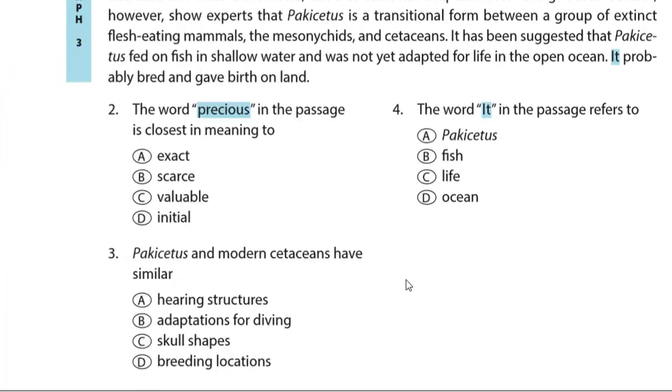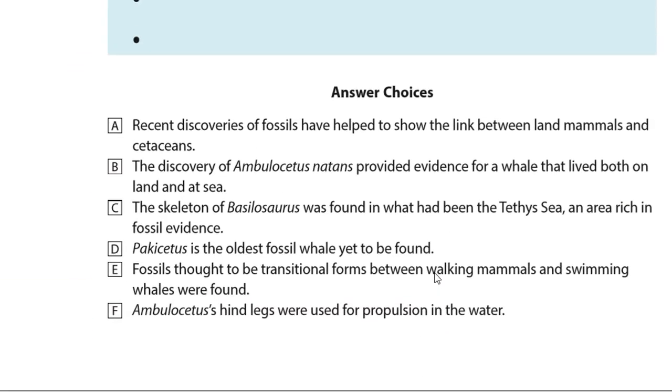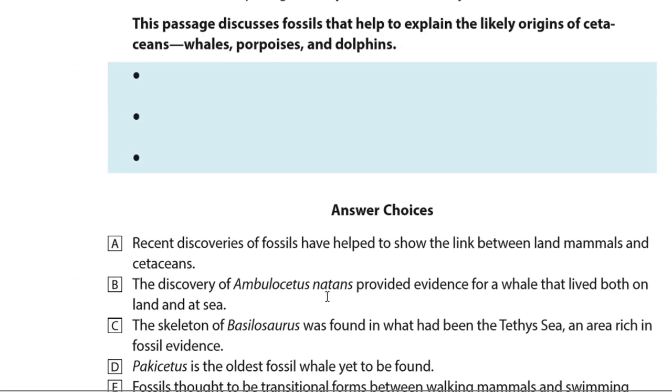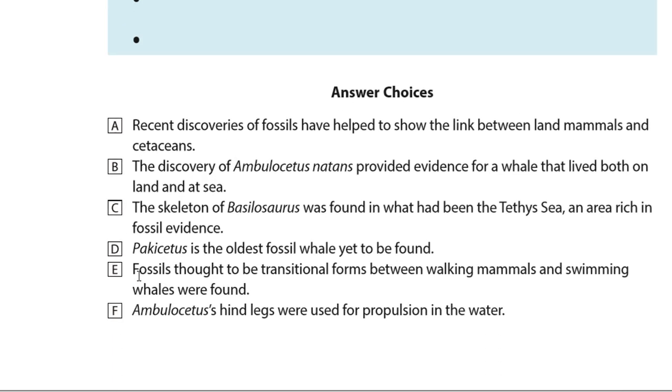Now we go to solve the question. A. Recent discoveries of fossils have helped to show the link between land mammals and cetaceans. We read something about this, so A is correct. B. The discovery of Amplicetus natans provided evidence for a whale that lived both on land and at sea.